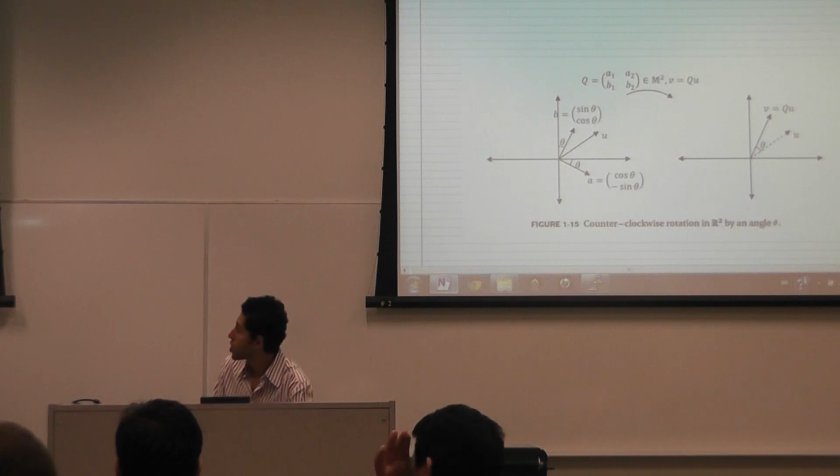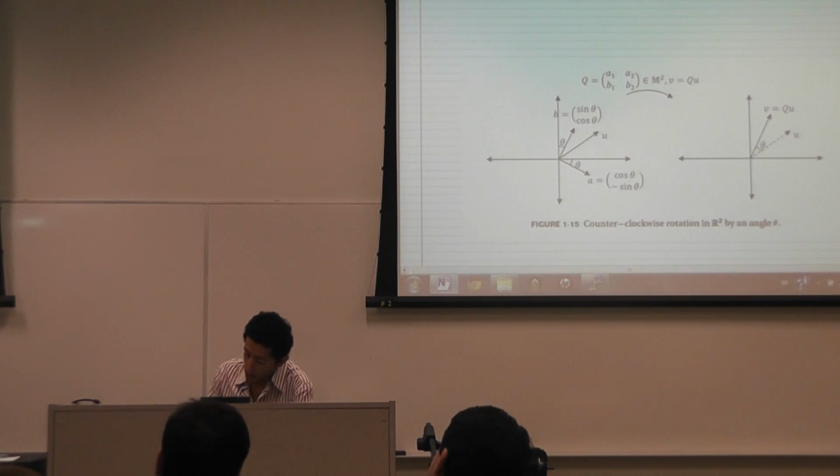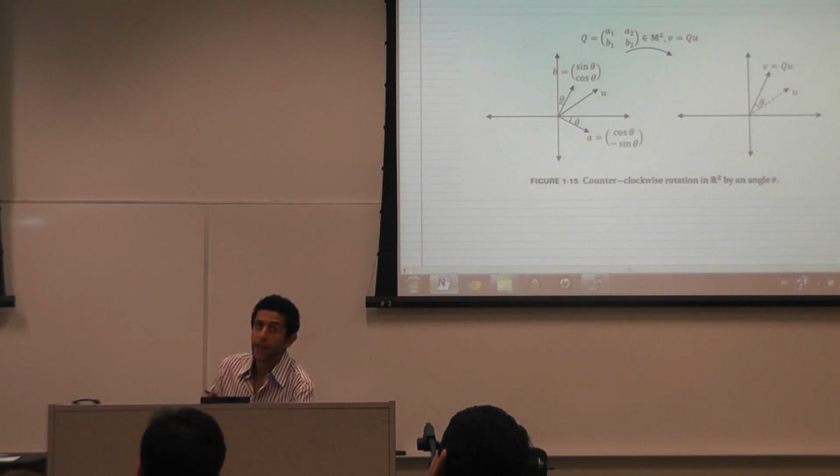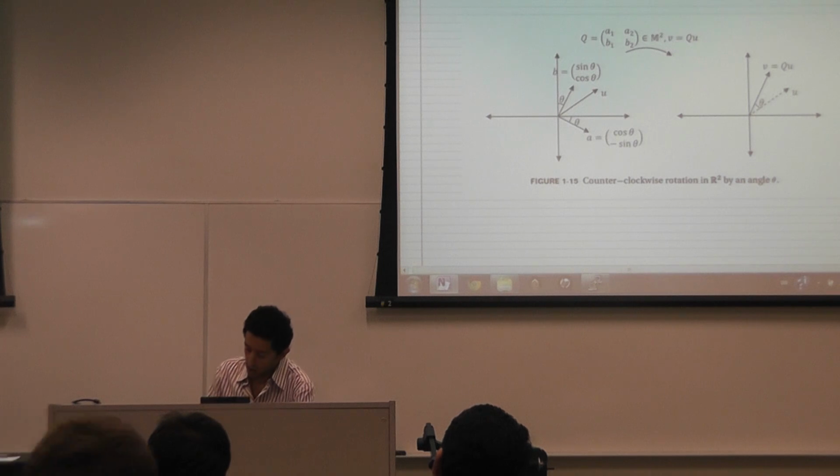The function of the rotation matrix is to rotate vectors, but there are two functions of the rotation matrices, and you have to be very careful about the difference between those two functions.